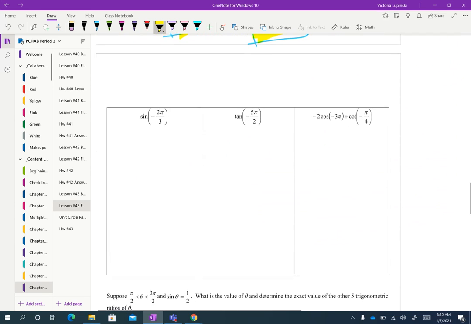And then the only way that it gets harder, well, let's say that you have a value that isn't one of the unit circle values that we mentioned, but it is in relation. So take a look at negative 2 pi over 3, negative 5 pi over 2.